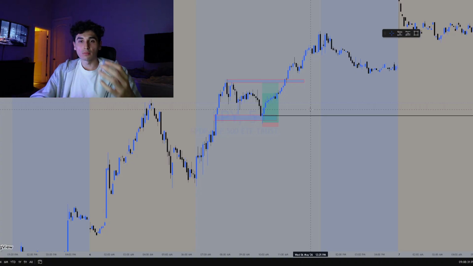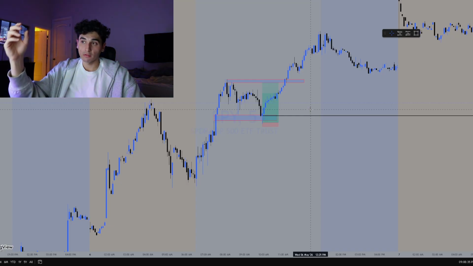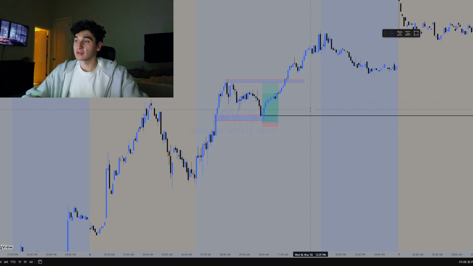So the bigger moves that you'll see on the charts, whether that's a bigger move to the upside, for example, that's where we're having areas of demand. The bigger moves to the downside that you'll see, that's where we're having areas of supply.